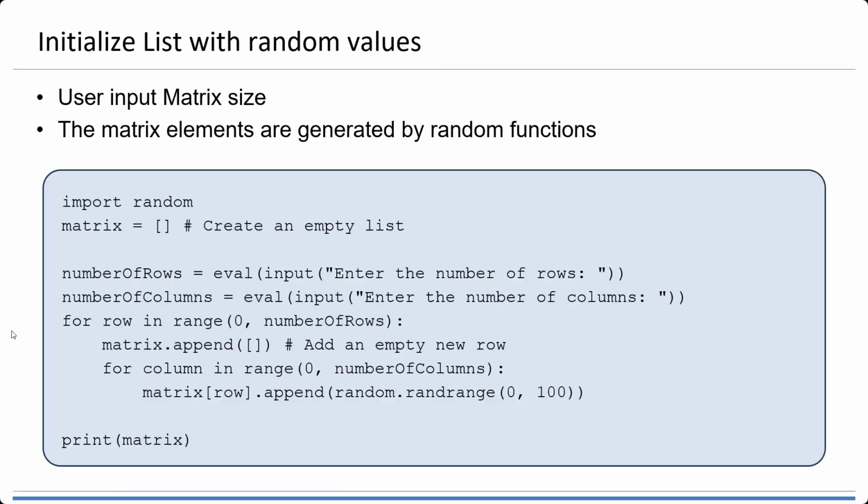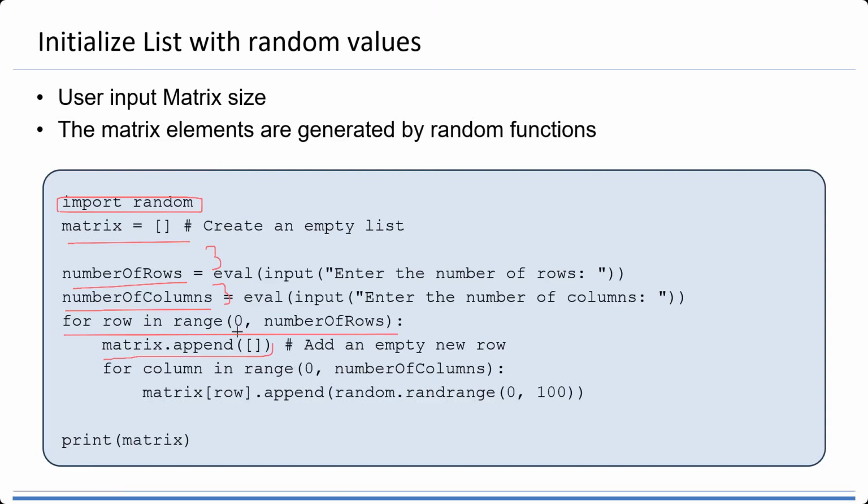Using the same structure, we have an additional statement, which is import random, and then we create an empty list. Now we ask the user, how many rows do you want and how many columns do you want? Let's suppose we have 3 rows and 3 columns. Then I'm using the for loop to do it for every element.